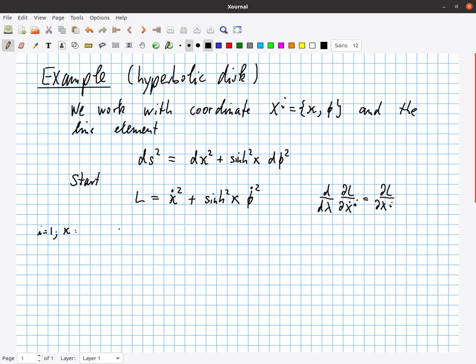Looking here at the left-hand side, we have d over d lambda of, this is a simple function in terms of kappa squared, of kappa dot. So we get here simply 2 kappa dot. On the right-hand side, we need dL over d kappa. We need to differentiate this with respect to kappa. So we get 2 sine hyperbolic kappa cos hyperbolic kappa phi dot squared.